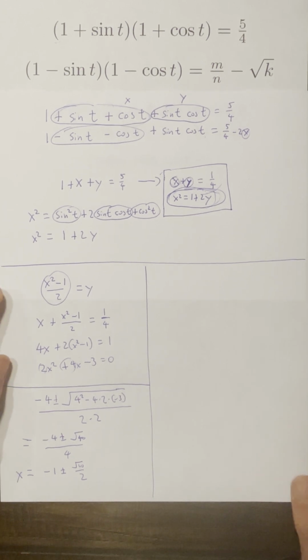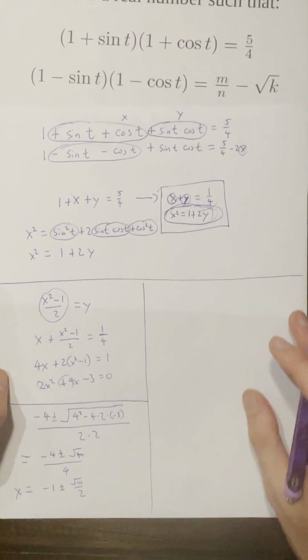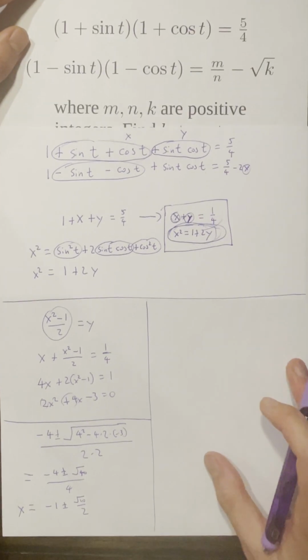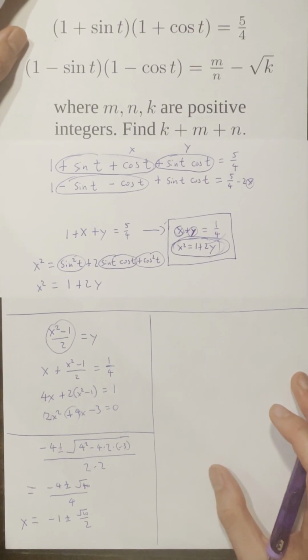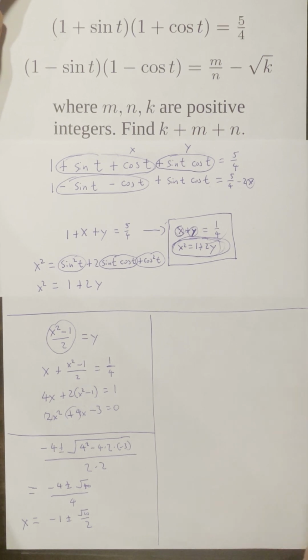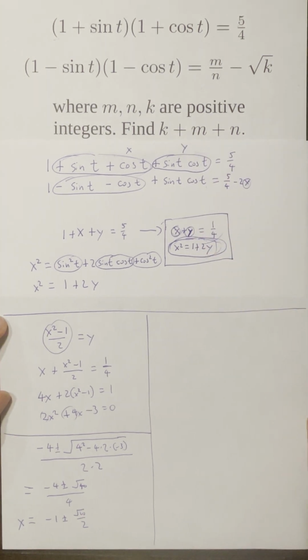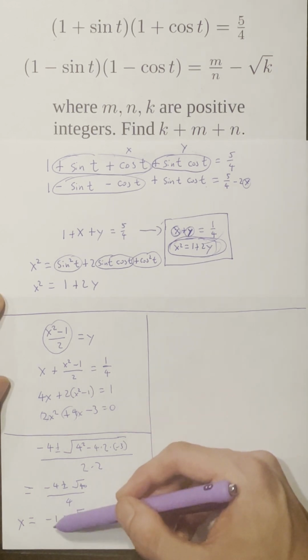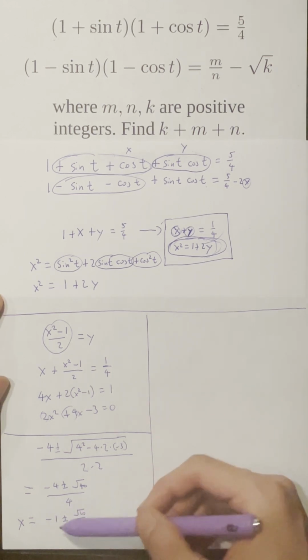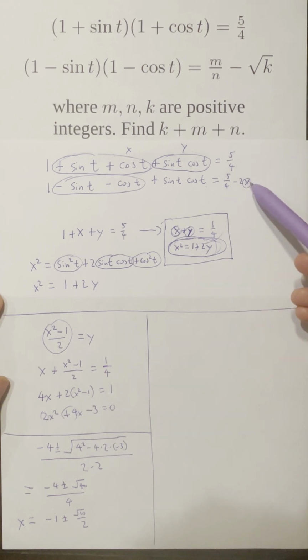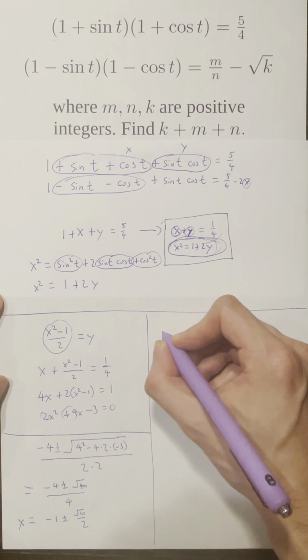But what does the problem say about m, n, and k? M, n, and k are positive integers, and they want us to find k plus m plus n. Okay. So I think we can plug in both x values into here and see which one works for this. Let's go ahead and do that.